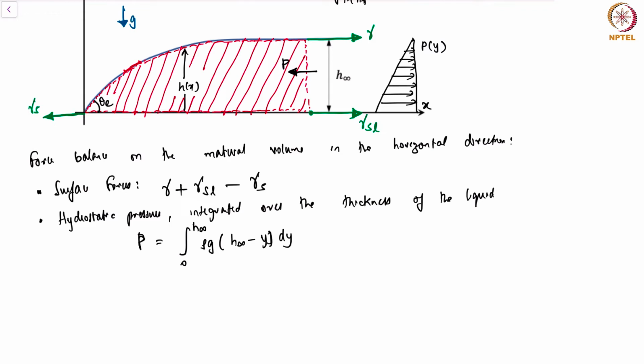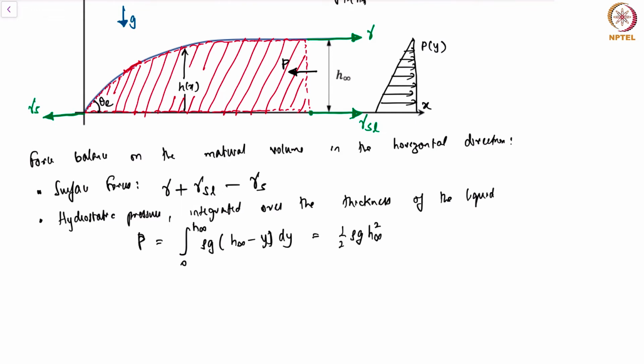But if you go to the very bottom, the pressure at the bottom, that is on the solid surface, will be rho G H infinity. So now I have to integrate this going from the bottom to the top, and this essentially gives me half rho G H infinity square, correct?